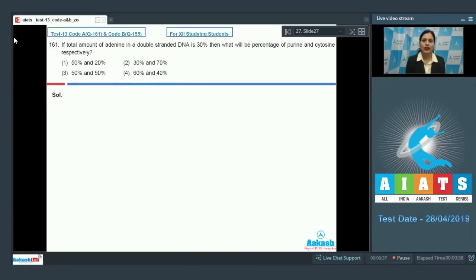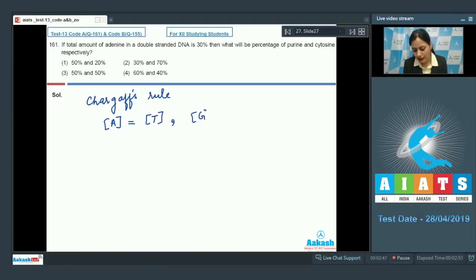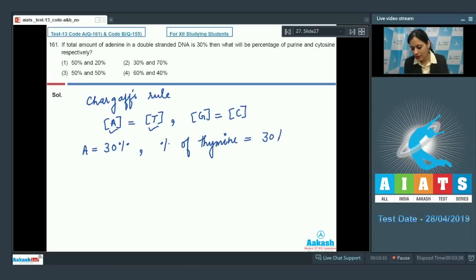Now we will solve this question according to Chargaff's rule. Amount of adenine is equal to amount of thymine, and amount of guanine is equal to amount of cytosine. So if adenine given is 30%, and since adenine always combines with thymine, percentage of thymine is equal to 30%.